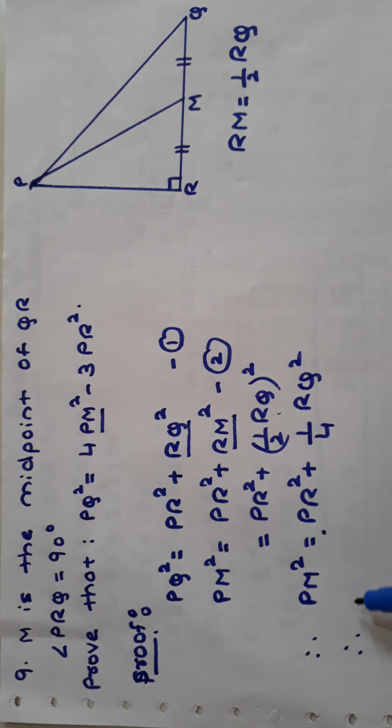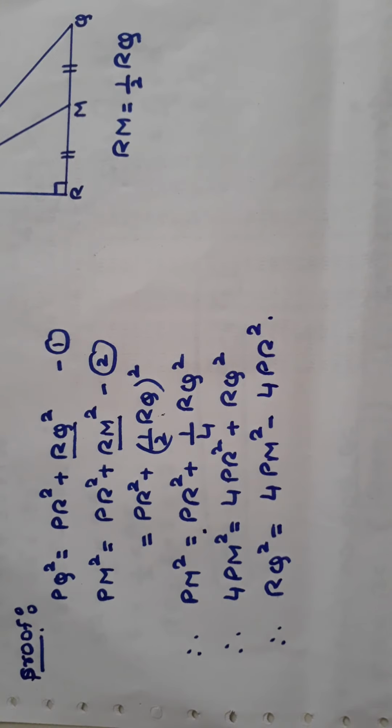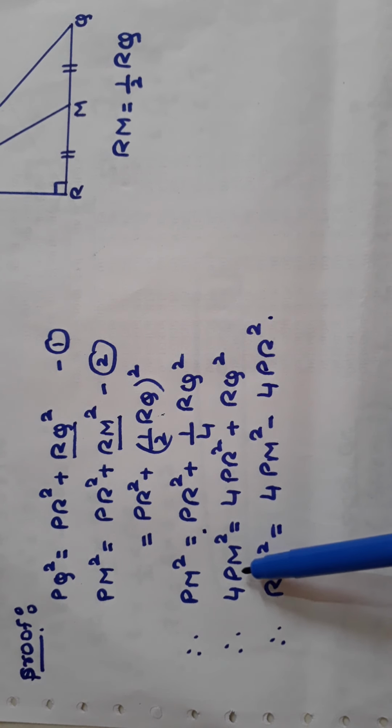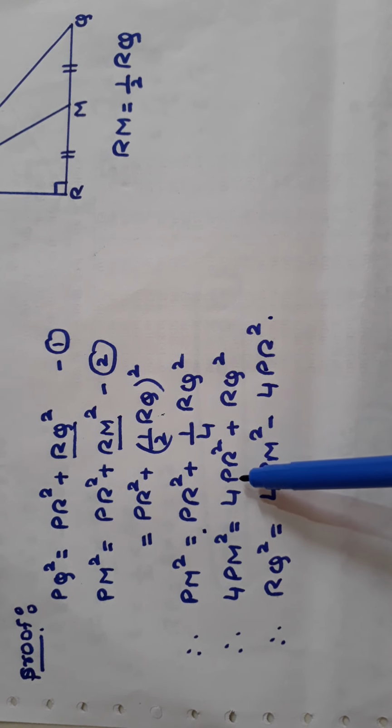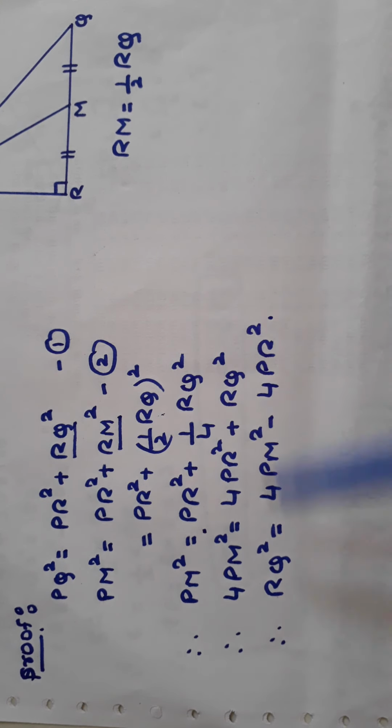Multiply both sides by 4. So 4 times PM square is equal to 4 times PR square plus RQ square, because the 4 gets cancelled out.